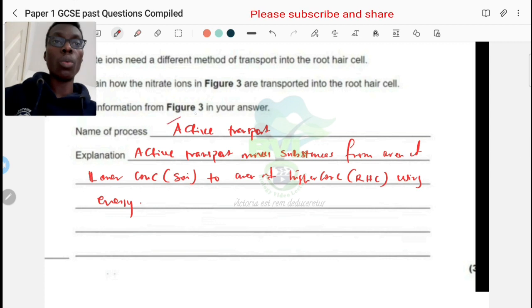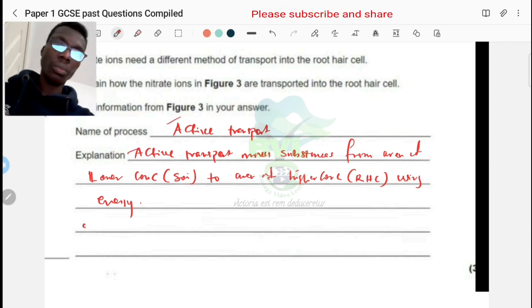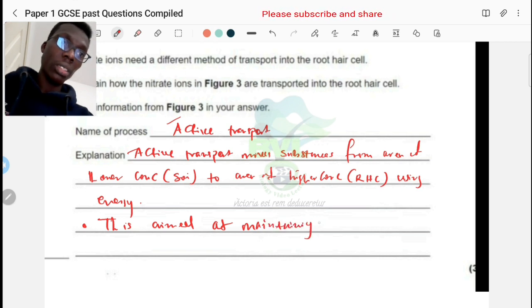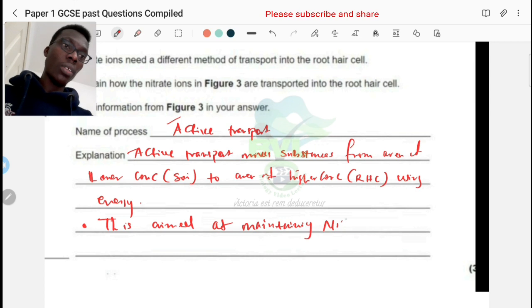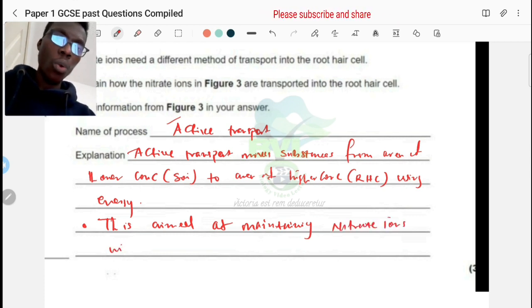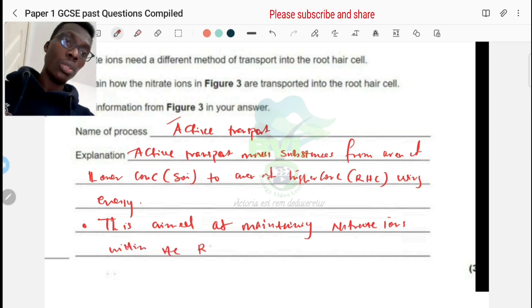Now, why is this? Because it says to explain. So that was 1 mark, and this is 1 mark. Why should we do that? This is aimed at maintaining nitrate ions within the root hair cell.